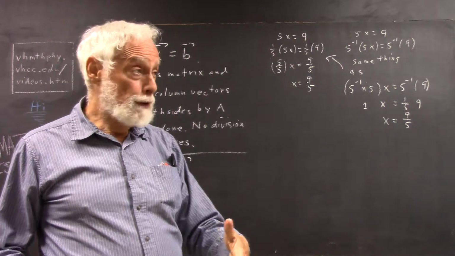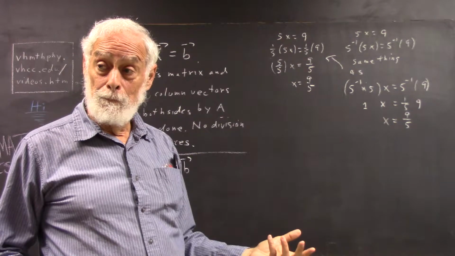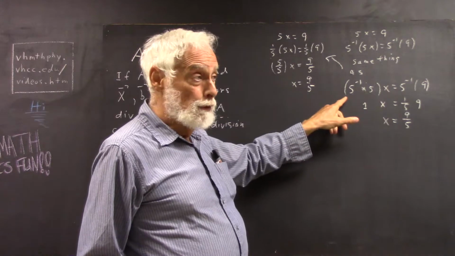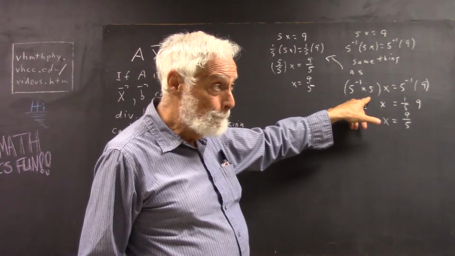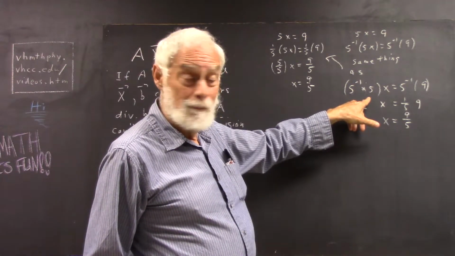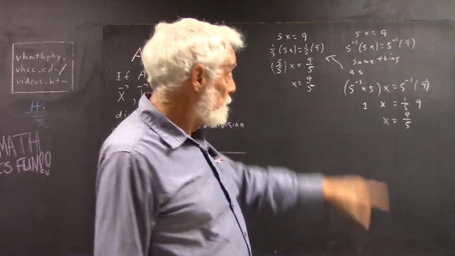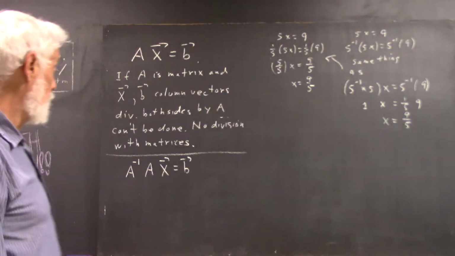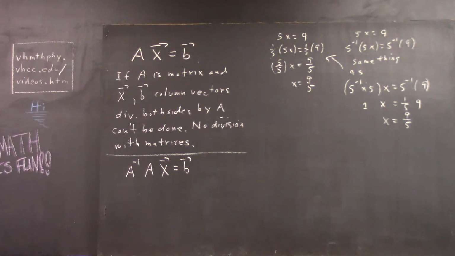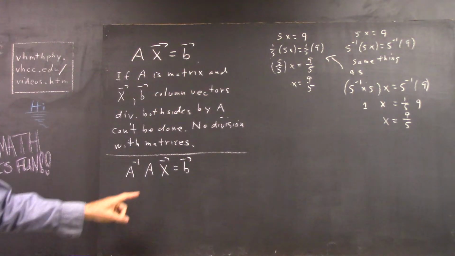Well, one thing you get is 5 to the 0 because you add exponents, right? 5 to the negative 1 times 5 to the 1 gives you 5 to the 0. And what's 5 to the 0? 1. Any number raised to the 0 power has to be 1. I'm just using an analogy here. If this equation is solvable, there is an inverse matrix.